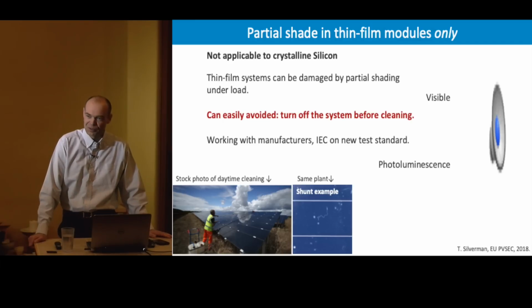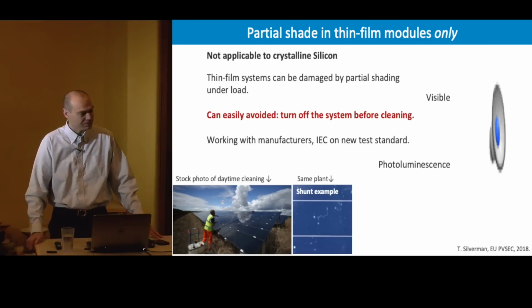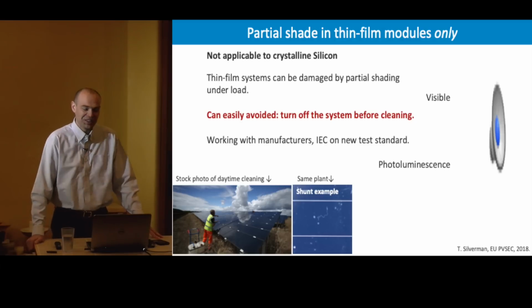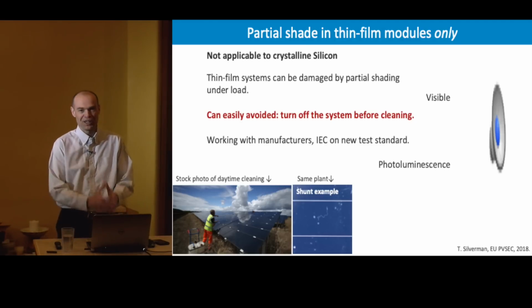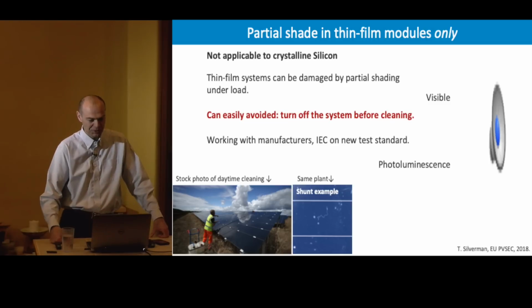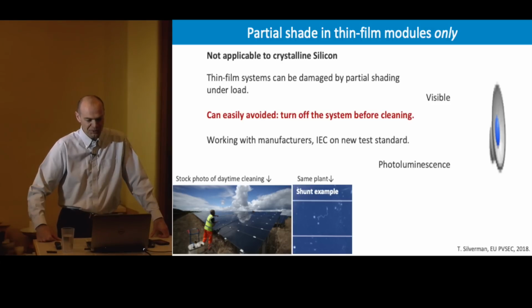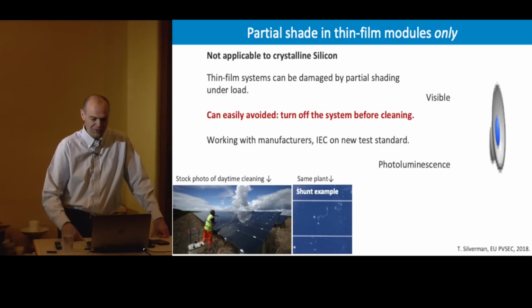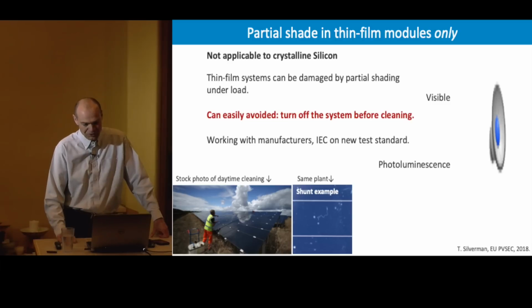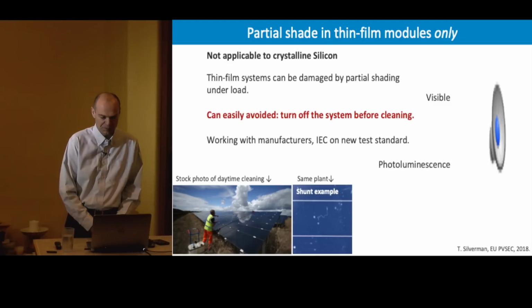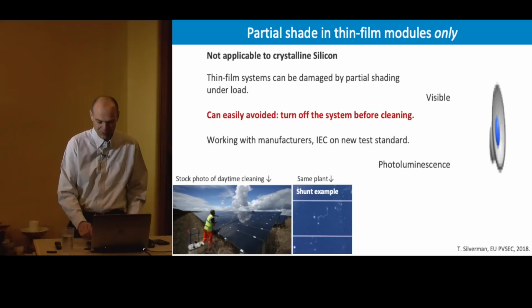Unfortunately, a lot of O&M companies apparently are not aware of that. So this is another thing where you have to be careful how you do it. And they're working with the manufacturers and the IEC on a new test standard. There are also some engineering solutions that you can work on. This is work in progress.